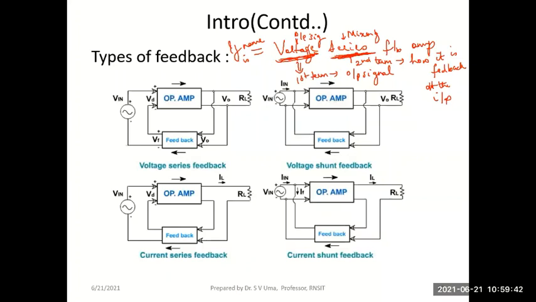So depending upon this, 2 more parameters. So totally I will have 2 squared or 4 different types of feedback amplifiers, as you can see, because I have 2 variants of output signals and 2 variants on how it gets mixed. Okay. We'll see each one of these in the next class.